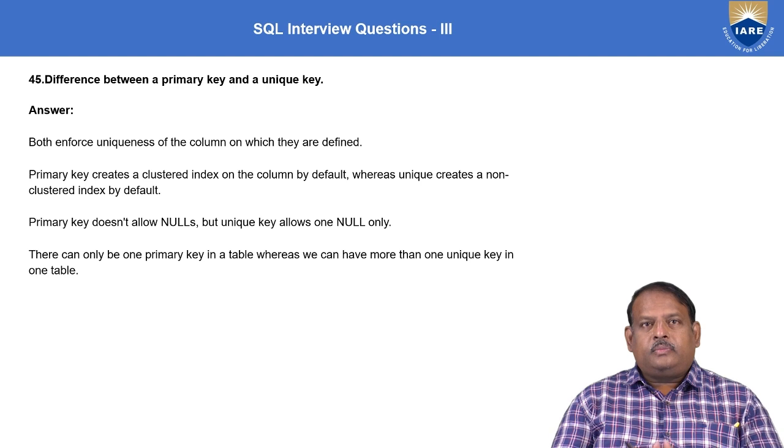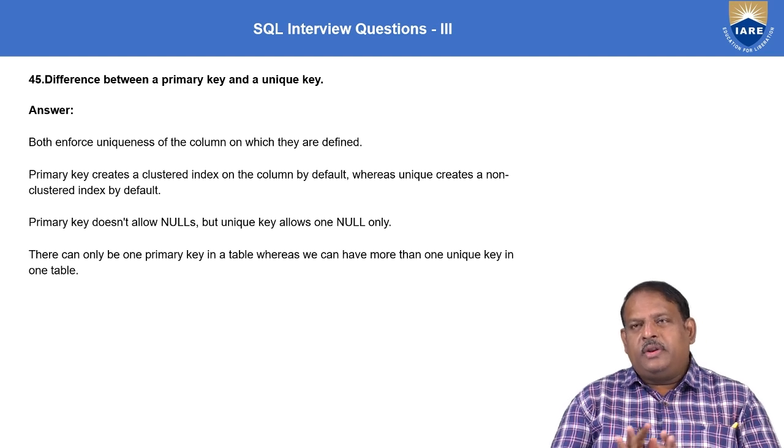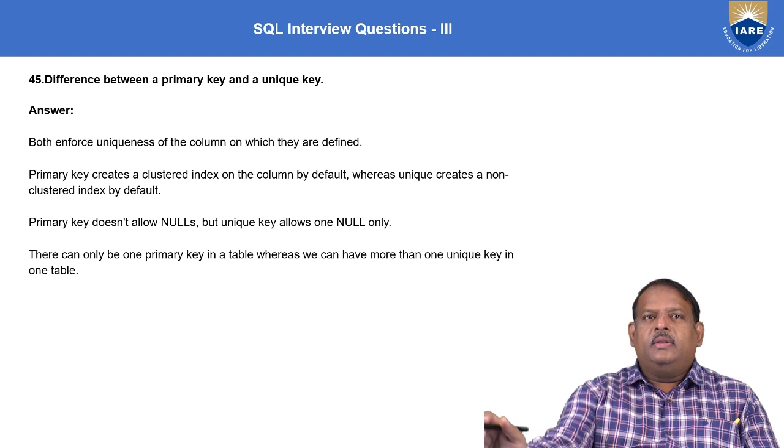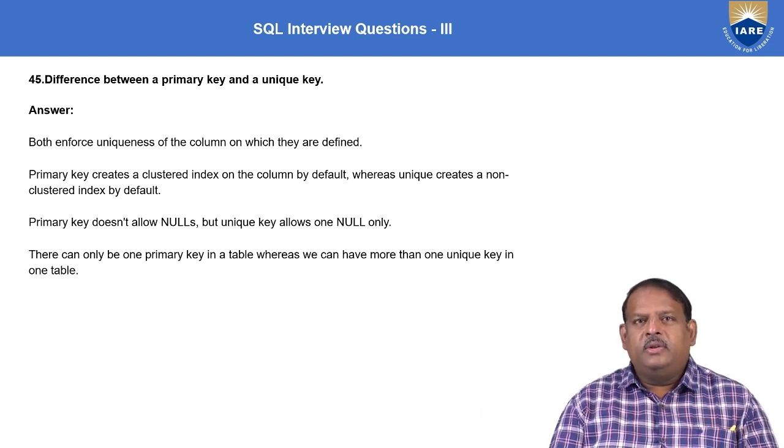Okay, what is the difference between a primary key and a unique key? Both are keys which will uniquely identify the record, but there is some difference between them. Both enforce uniqueness of the column on which they are defined. Primary key creates a clustered index on the column by default.